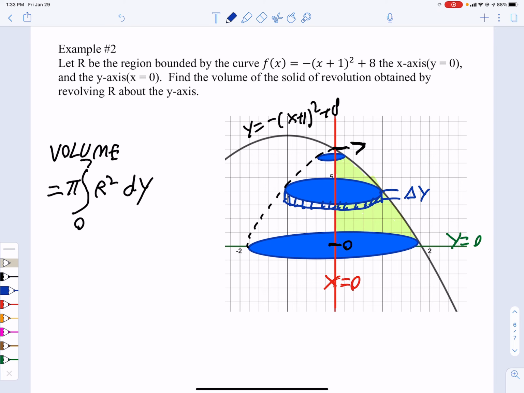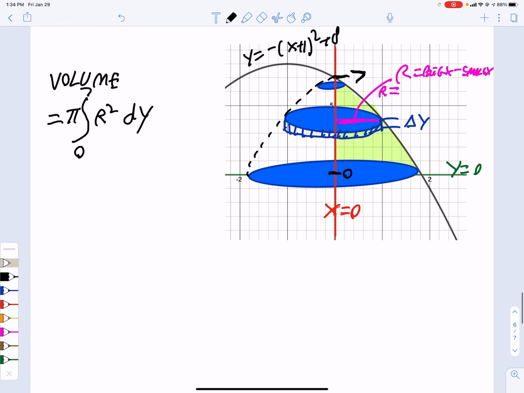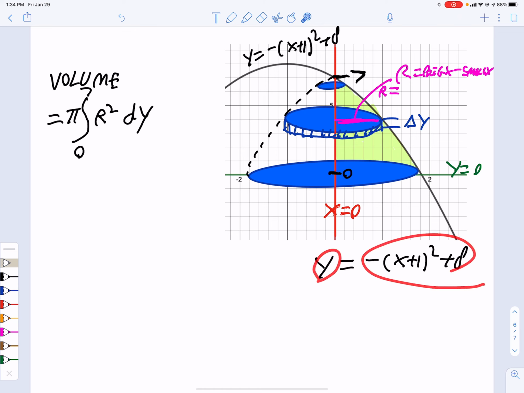So what's our radius going to be? That is the question. Here is my r, and in this case it's going to be big X minus small x. The question is, what is big X? Big X is right here, small x is right here. So I need to find big X. I know y, but I need to solve for x.